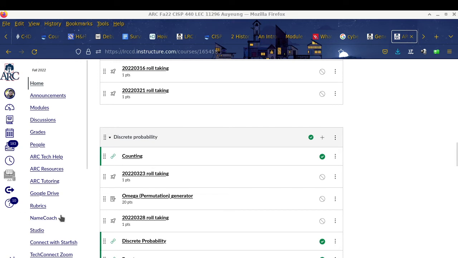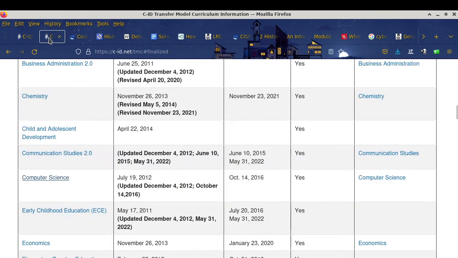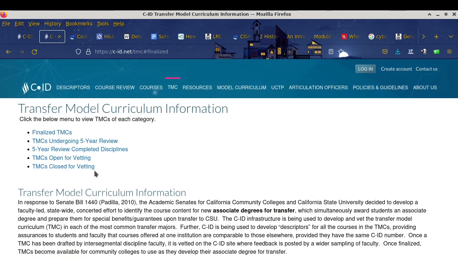Okay. Let me explain a dilemma that I have. This is something that I have to deal with. It's not your problem. What you're seeing here is the TMC, or the transfer model curriculum. And this one dictates what makes an AST an AST.